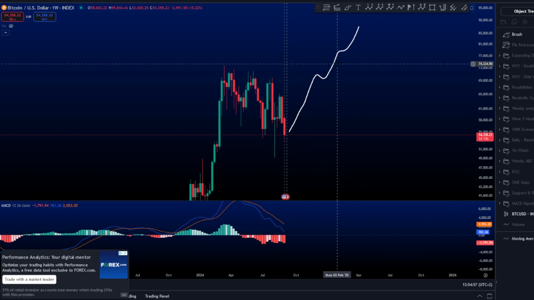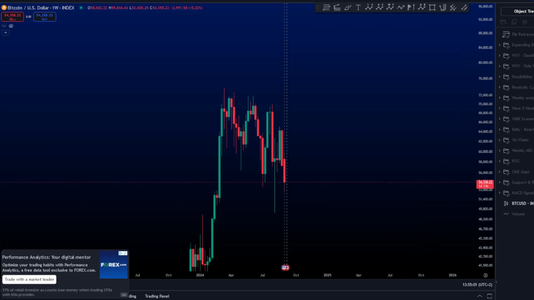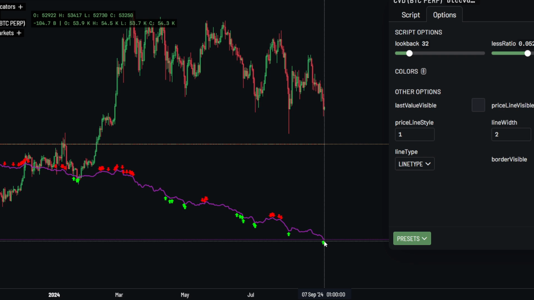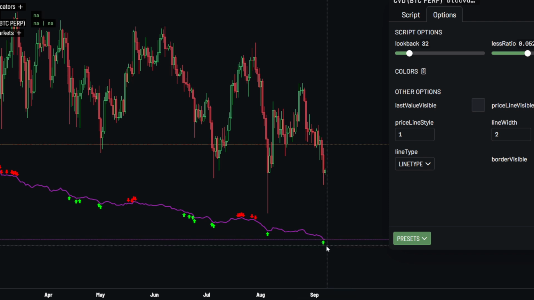Now, another thing is with my indicator that I would like to show here. Yesterday, I told you that, yes, I saw a new signal from yesterday's candle that the bulls have entered. But the problem with it is that they are very low in numbers. They are just 32.